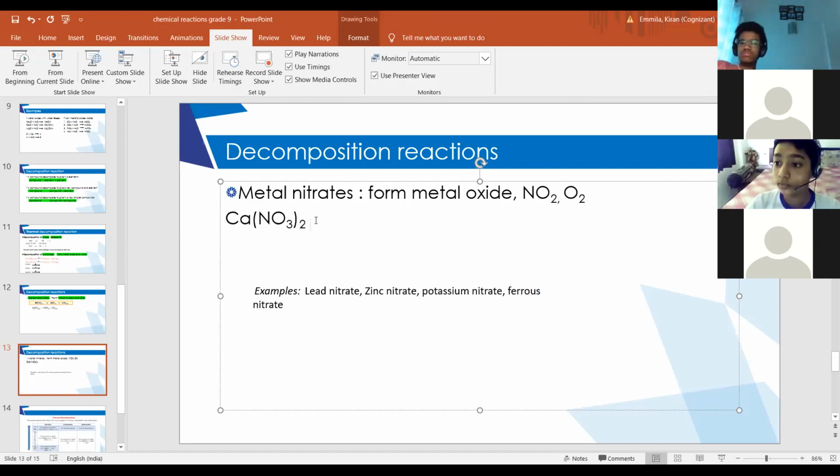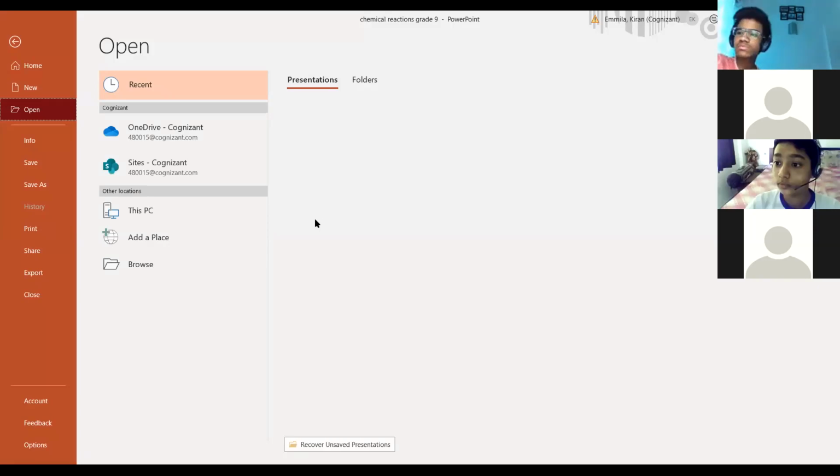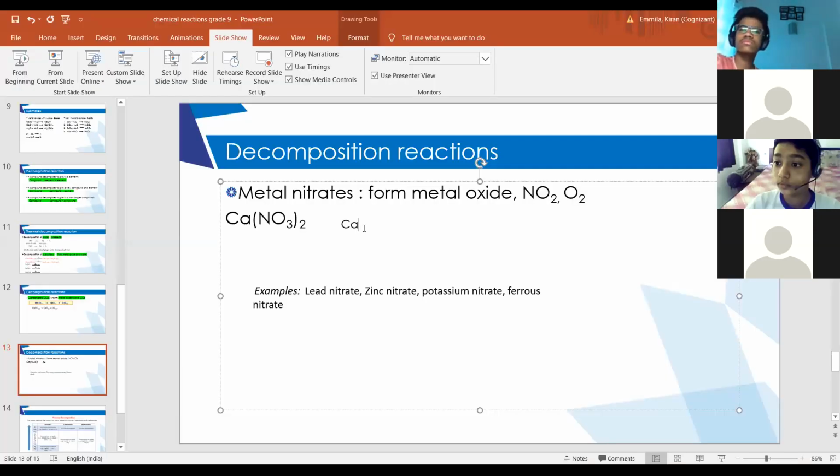Calcium nitrate gives calcium oxide plus NO2 plus O2.